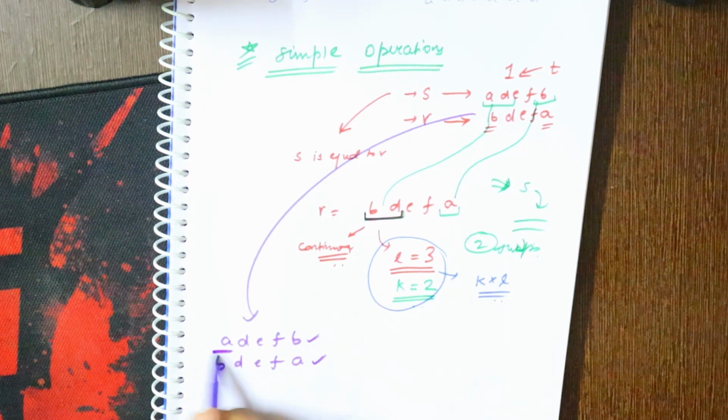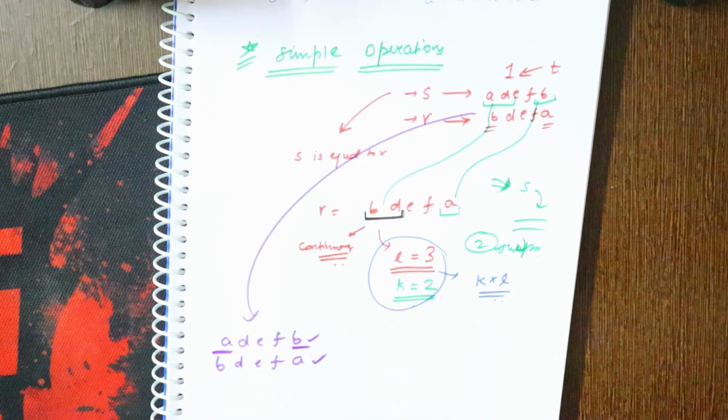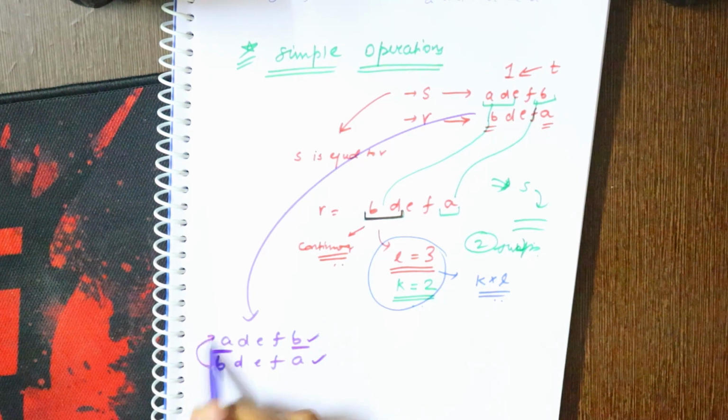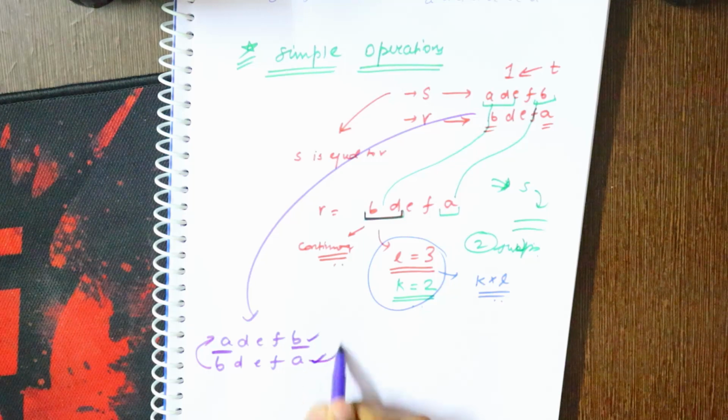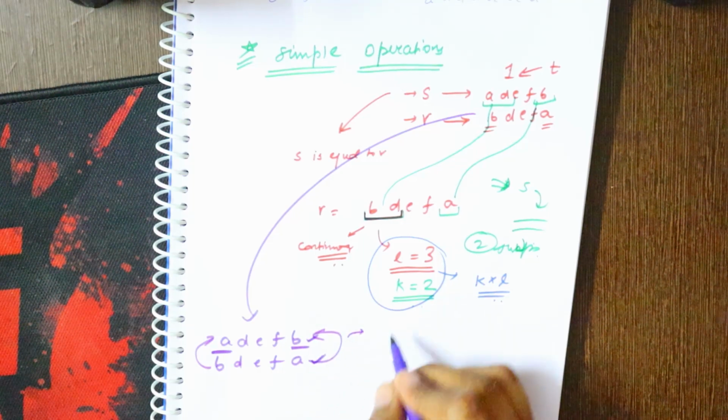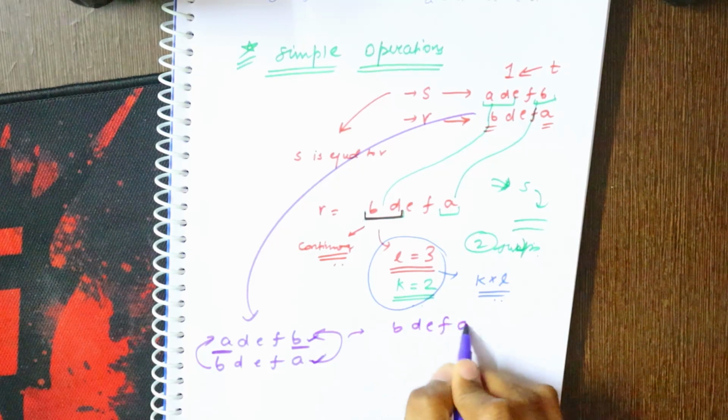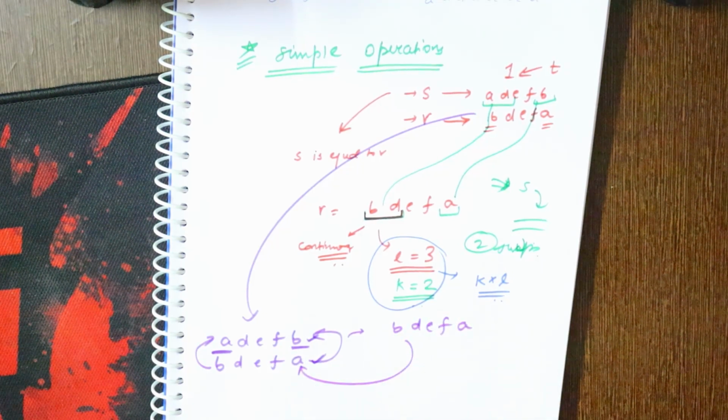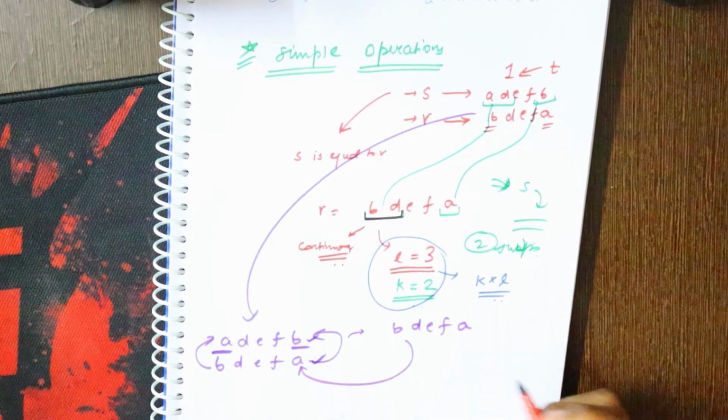These positions are different, so how about I swap this to this, and this to this? It then becomes b, d, e, f, a, which is now equal to r. Now you will say, Aryan, it is good, but what is the value?